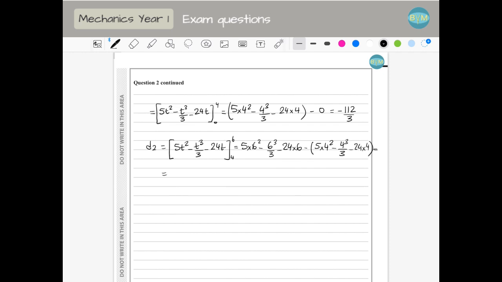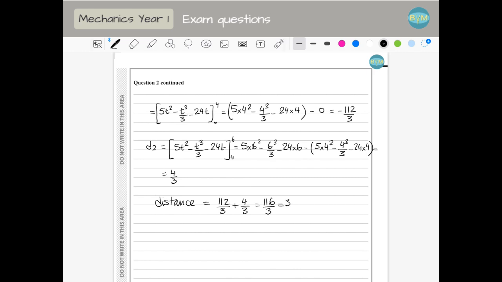This is positive because it's above the x-axis and it's 4/3, which means the distance is going to be equal to the positive value, so 112 divided by 3 plus 4/3, which is 116 divided by 3. You can leave it like this, or maybe we can round to 3 significant figures.